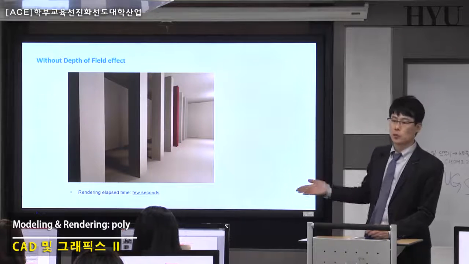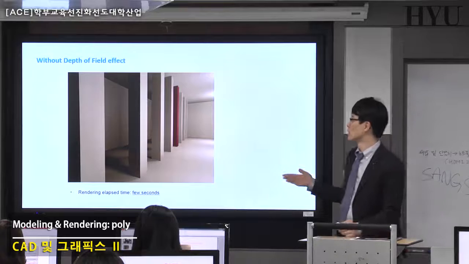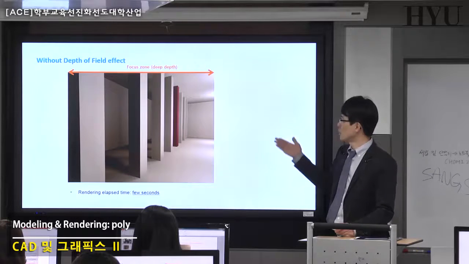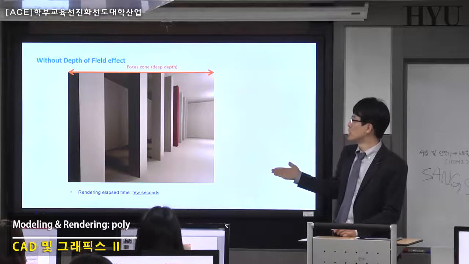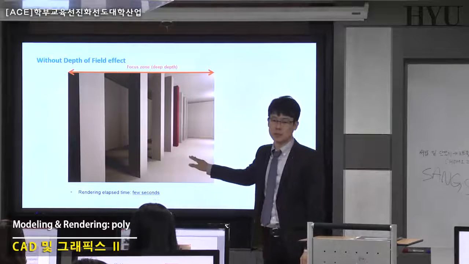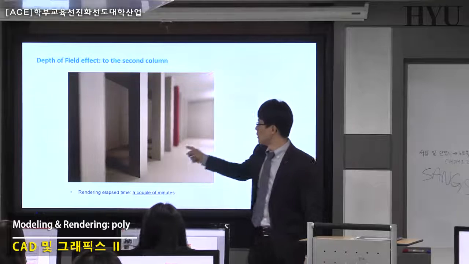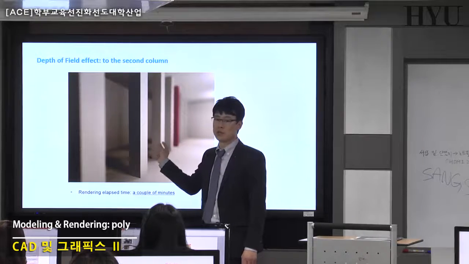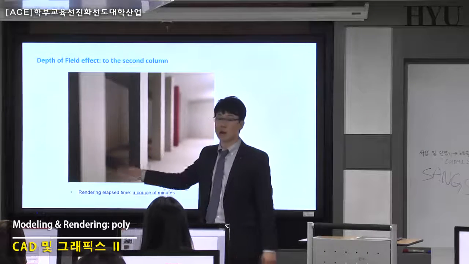Same technique when you are rendering in 3D Max. Take a look at this one. Default is very deep depth. That is why we can generate this kind of render scene. But if you control it so only this post is within the focus, all others are going to be out of focus.